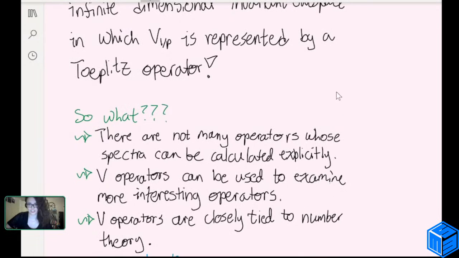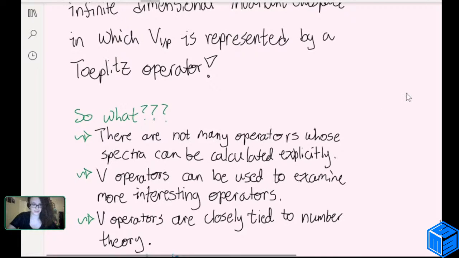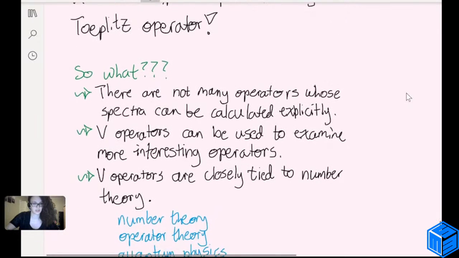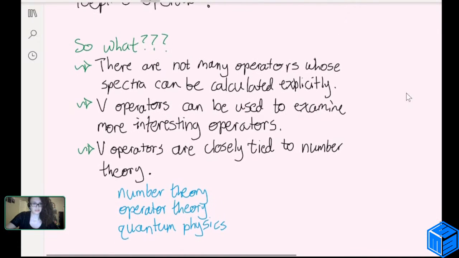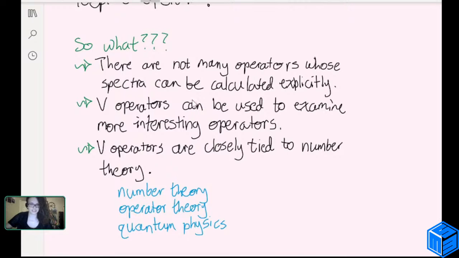The P over Q stuff has a lot of really interesting things to do with number theory. And maybe I can talk to you guys about that some other time. So the whole idea of this then is we're trying to fuse together number theory, operator theory, and quantum physics using V operators.